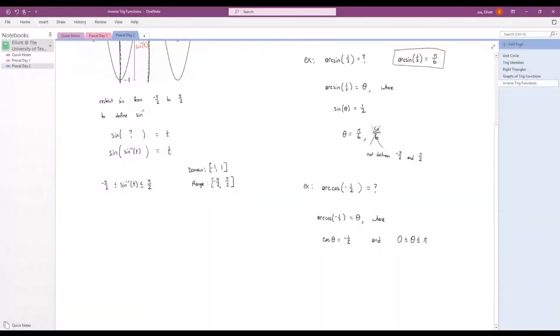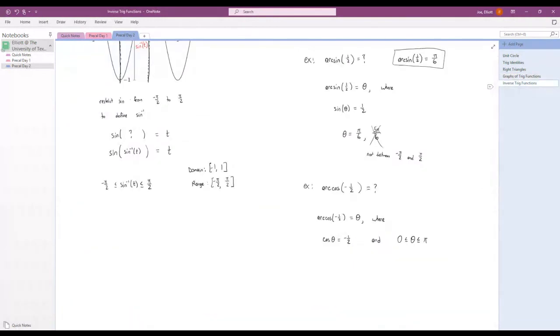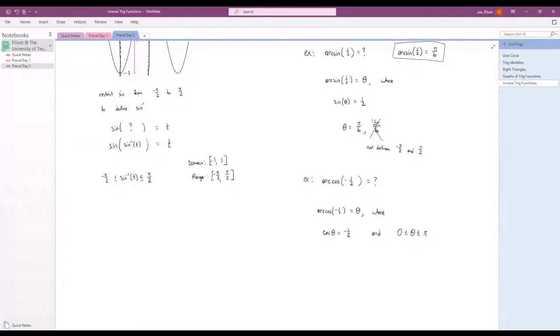So we need to think about what angle satisfies cosine of theta equals -1/2, and also is between 0 and pi.